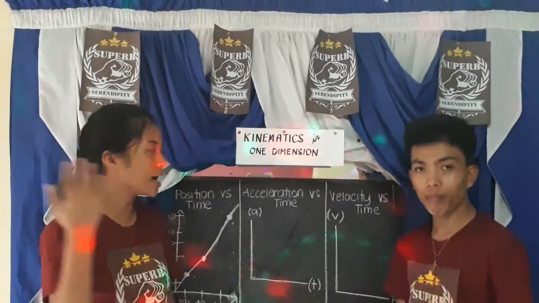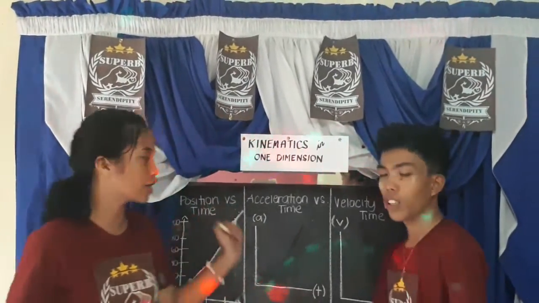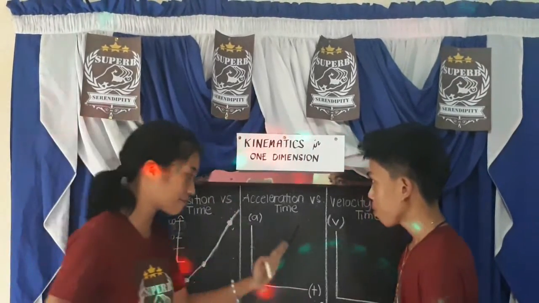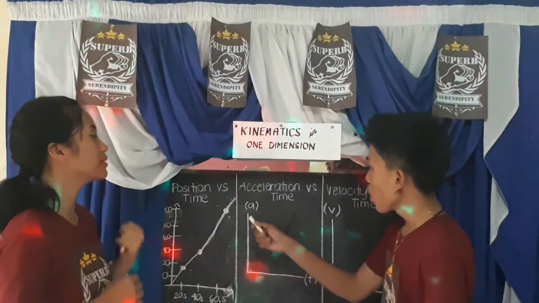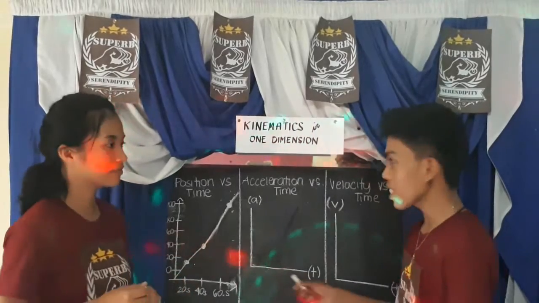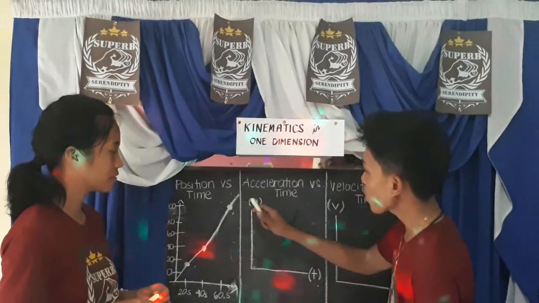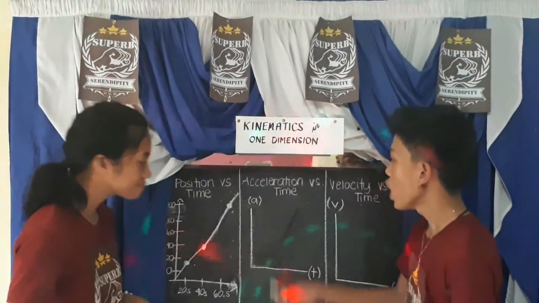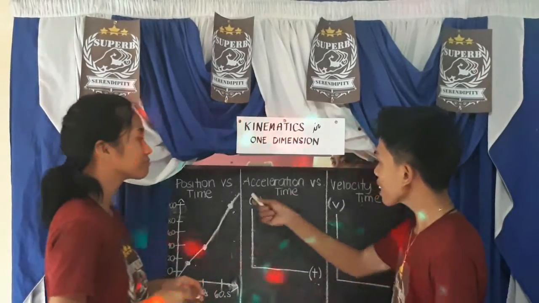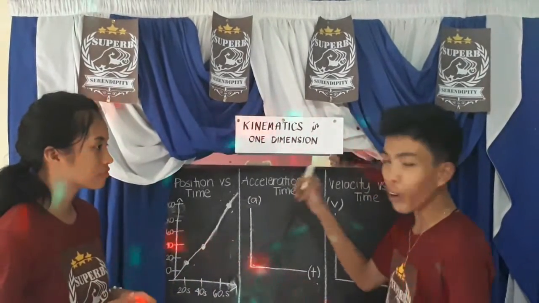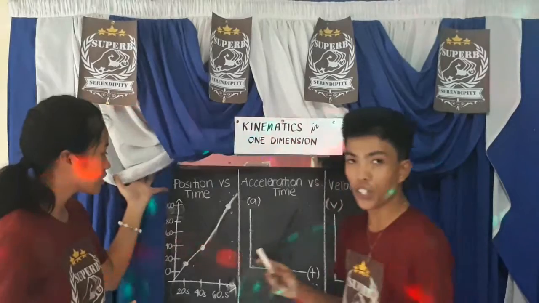Next in line is our acceleration versus time graph. Again, in our x-axis we still have the time, and in our y-axis we have the acceleration. In plotting the acceleration versus time graph, we are going to look back at our position versus time graph.